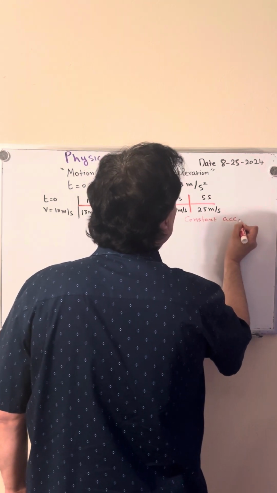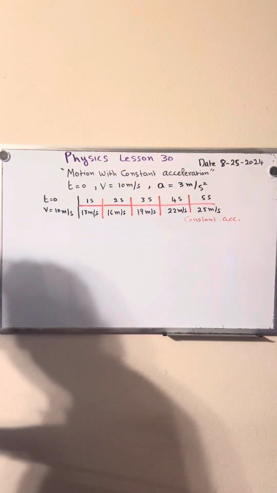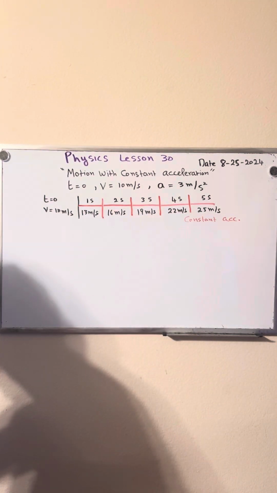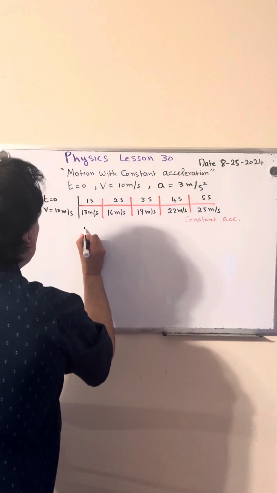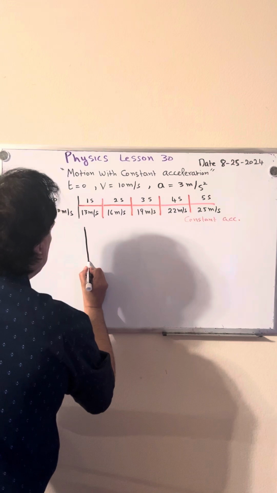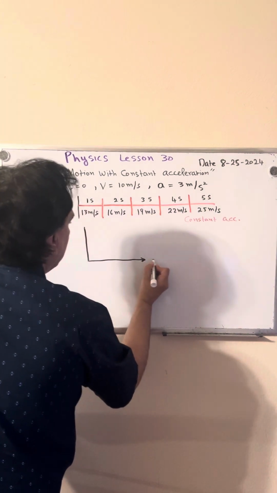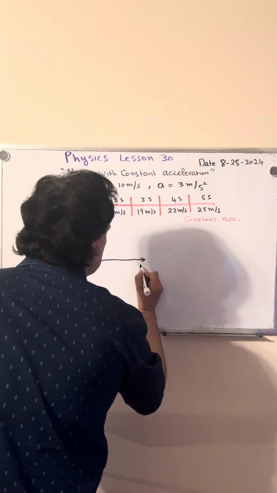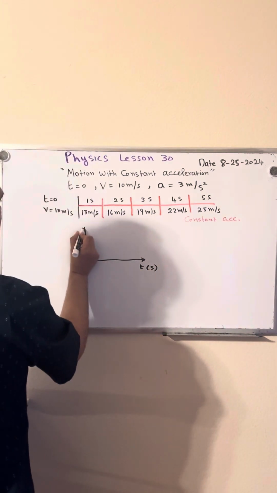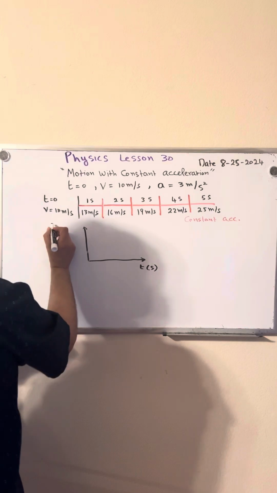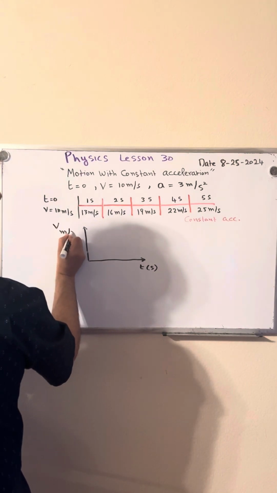Now let's see if we can draw a graph for that. Let's draw a graph of speed versus time. Let's say this axis is time in seconds, and this is velocity in meters per second.